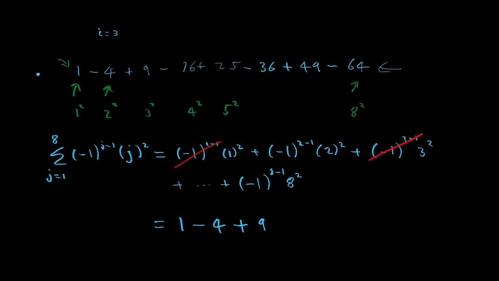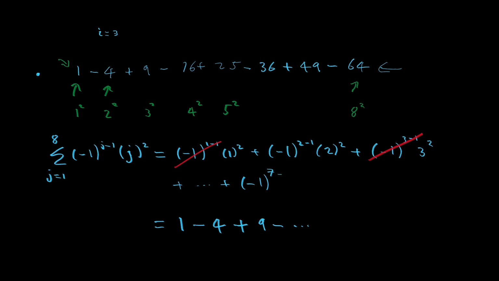And then the next term is going to be a minus, and we'd get 16, but we'll throw in this ellipsis, and then we'll do the second last term. One way we could have written this was plus -1 raised to the, well, in the second last term, j would equal 7, so we'd have the 7 minus 1th power.